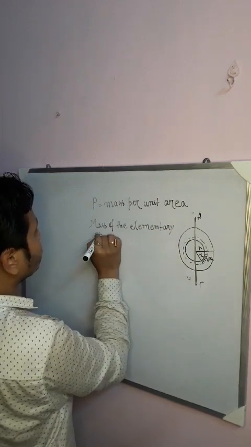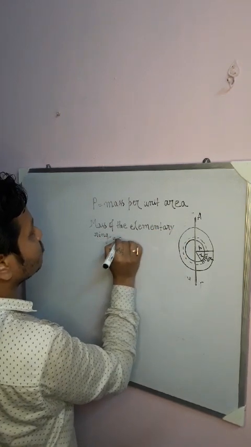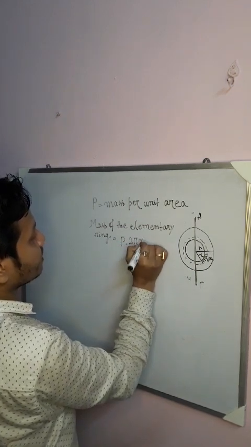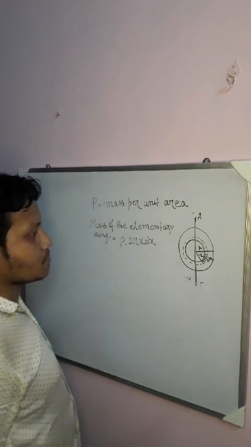The mass of the elementary ring will be the mass per unit area, rho, times our elementary area, 2 pi x dx.